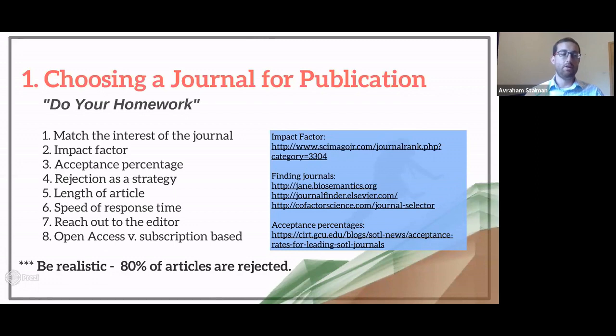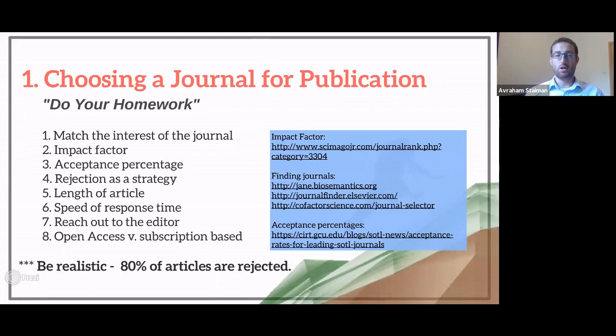So, for example, a journal that receives 200 submissions a year and publishes 8 of them is going to be quite difficult to get into, even if our research is a home run. Whereas a journal that publishes 50 articles a year out of 300 may be a better bet because 1 out of every 6 articles that's submitted is accepted.